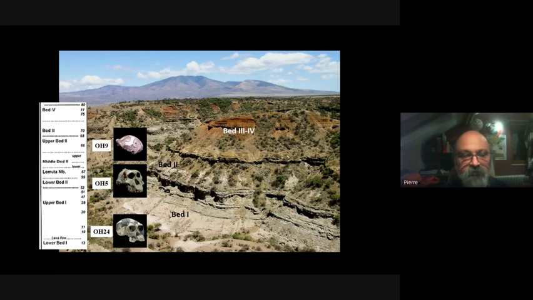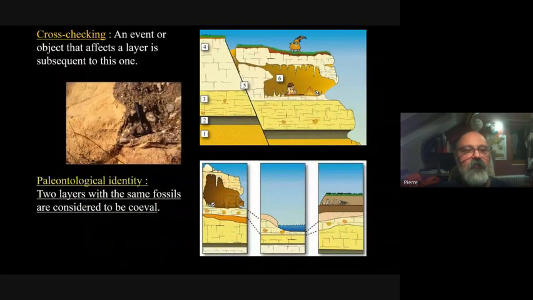It is easy to understand that bed 1 is older than bed 2 and bed 2 is older than bed 3. And if you find different skulls in bed 3, 2 and 1, you know who is the oldest and who is the youngest. It's very simple, but very powerful in order to describe an evolutionary process, for example, for human evolution.